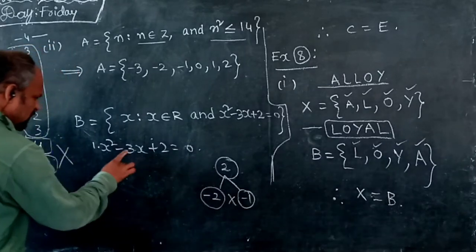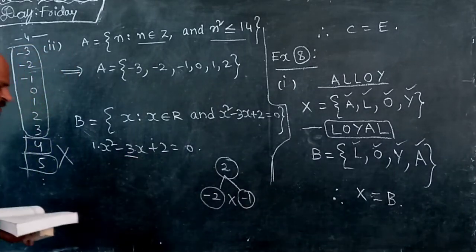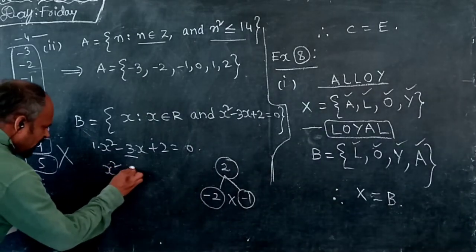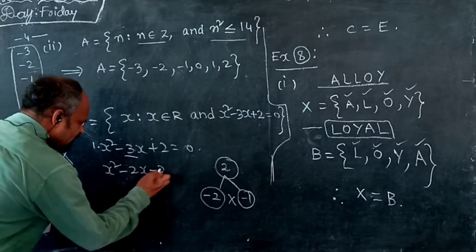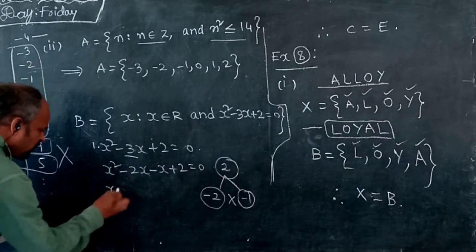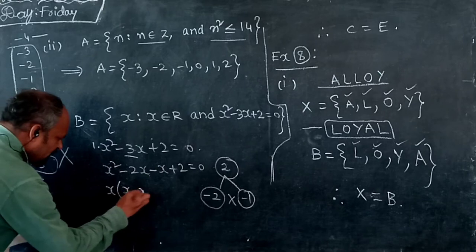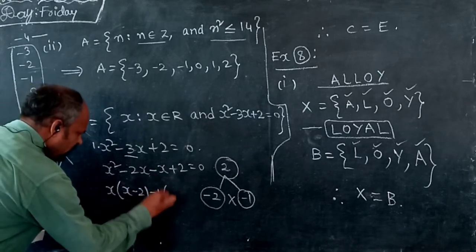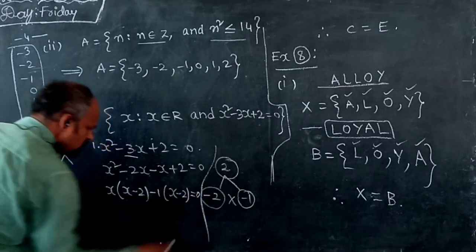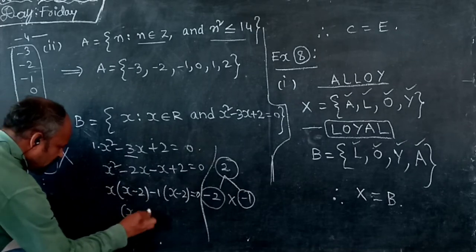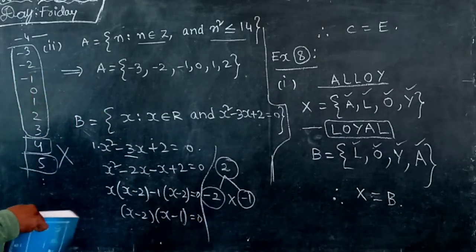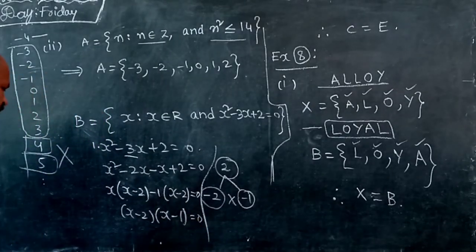Next, for splitting the middle term, minus 3 can be written as minus 2 minus 1. Therefore, I can write it as x square minus 2x minus x plus 2 is equal to 0. Now, if I take x common from here, I will be getting x minus 2. Here, minus 1 if I take common, I will be getting x minus 2. So, overall x minus 2 into x minus 1, I will be getting here like this. So from here x minus 2 into x minus 1 equal to 0.